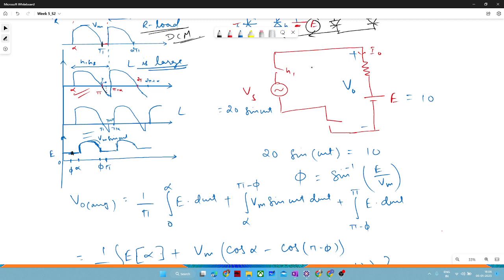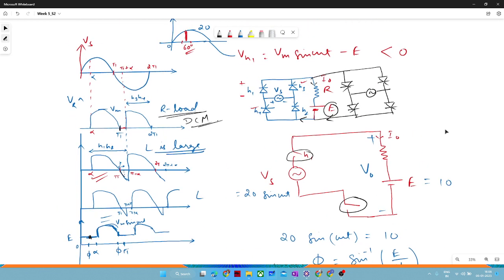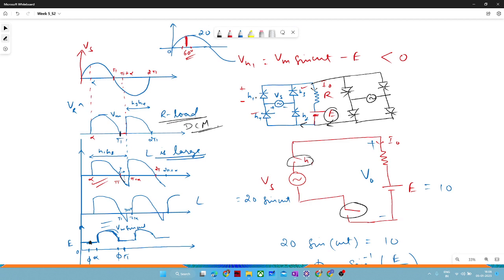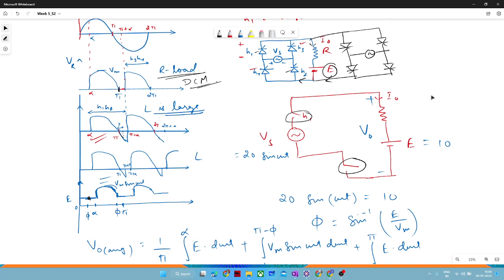At phi instant, this H1 and H2, which is the same circuit as this one, will come in forward blocking mode, we generally say. Why blocking mode? Because it will be forward biased, but it will not be able to conduct till we provide the gate triggering. So it is mandatory to provide gate triggering to start the conduction of the thyristor.